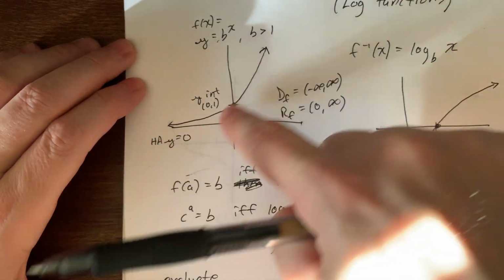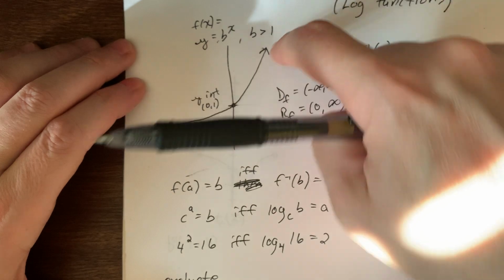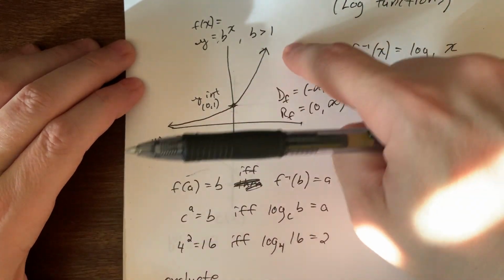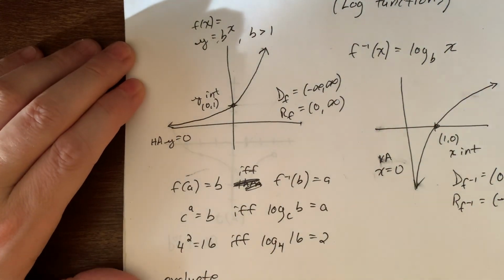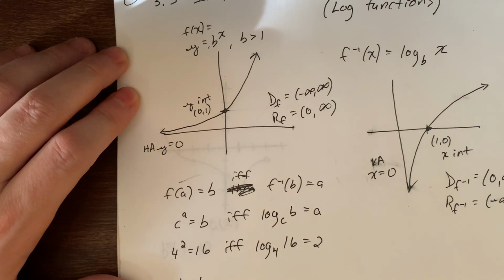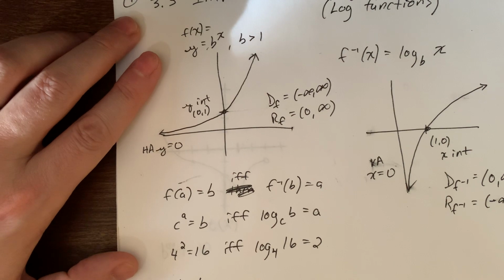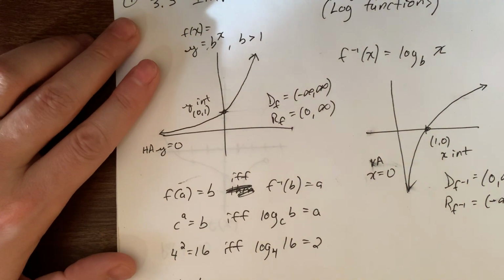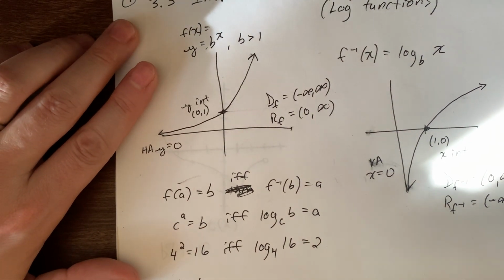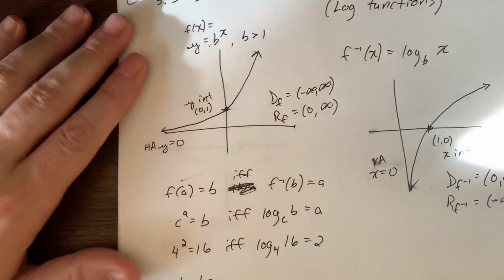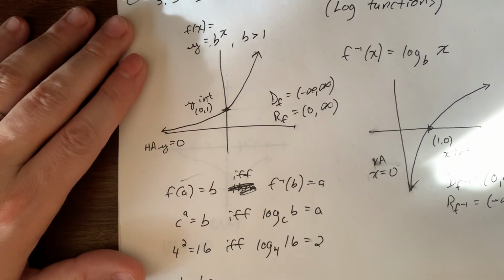There are no breaks and holes. It's not only defined at the whole number values, it's defined for all the fractional and decimal values as well. Those may not always be nice answers. Something like the square root of 4 is a nice clean answer of 2, but the square root of 3 is an ugly answer. We could still use our calculators and see 1.7 and it keeps going, but that still makes sense as a number.